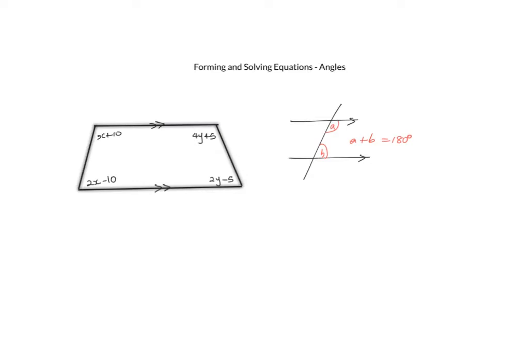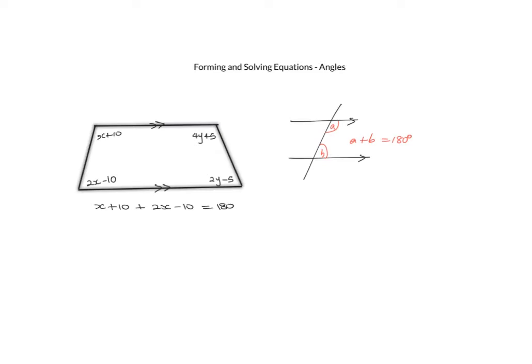So let's go right ahead and start putting that together. So I know that this angle plus that angle equals 180. So I'm going to write it down exactly like that. x plus 10 added to 2x minus 10 is equal to 180 degrees. And then it's a simple matter now of using your skills of combining like terms.